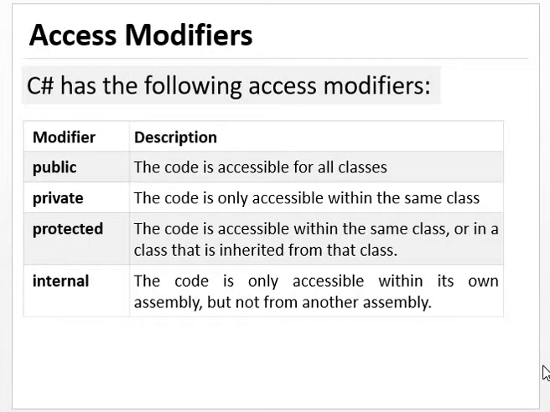Now the third one is the protected access modifier. The code is accessible within the same class or in a class that is inherited from that class. Means in one of the classes you define a variable or function with the protected access modifier, then it can also be used in another class, which is the concept of inheritance.